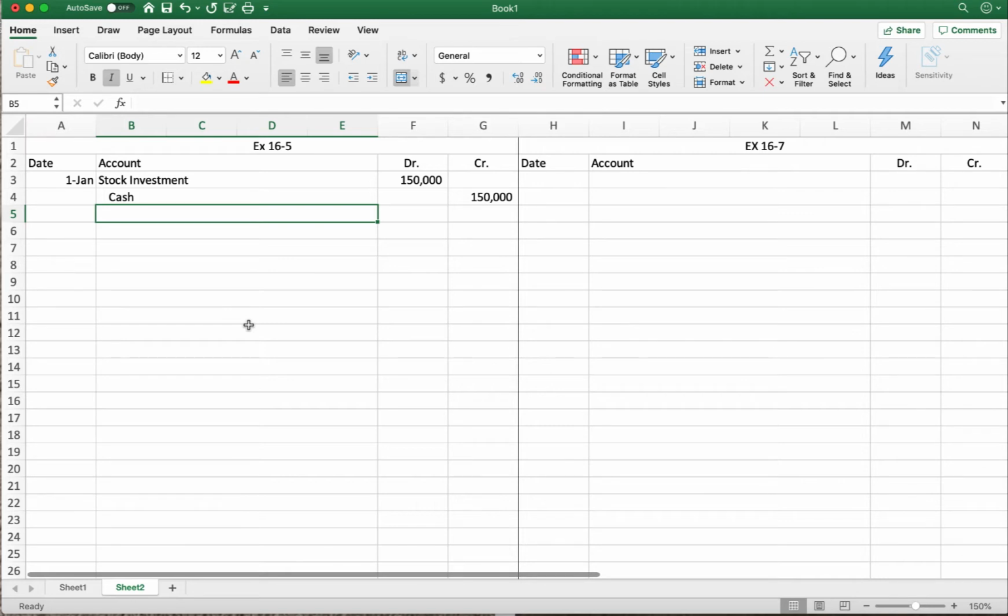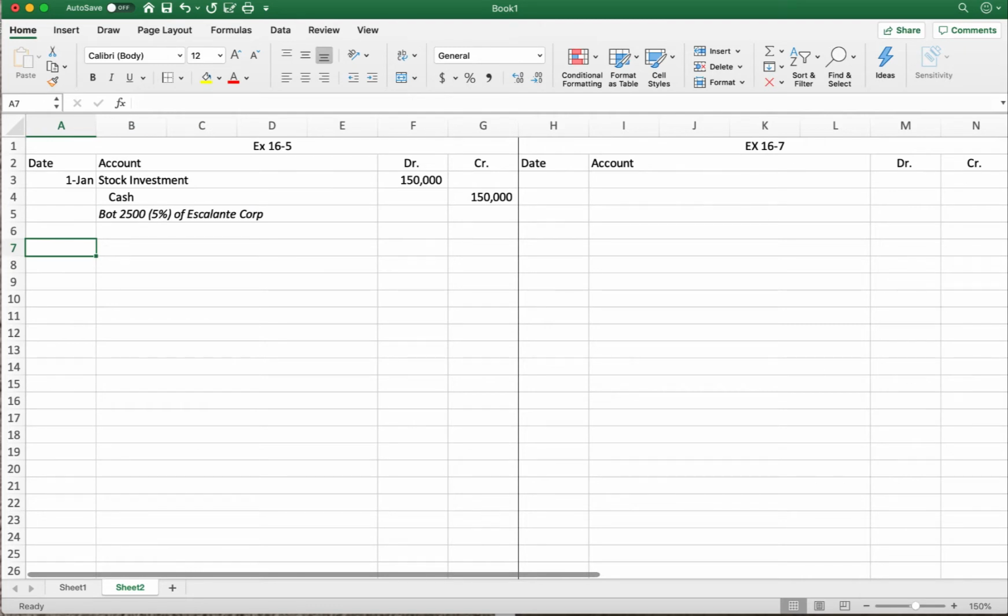So I would take some of the important details out of the problem in the book and put them as our explanation, okay? Bought 2,500 shares, and then I'm going to say in parentheses that's 5% of Escalante Corporation. Okay, good enough. All right, always skip a space between your journal entries.